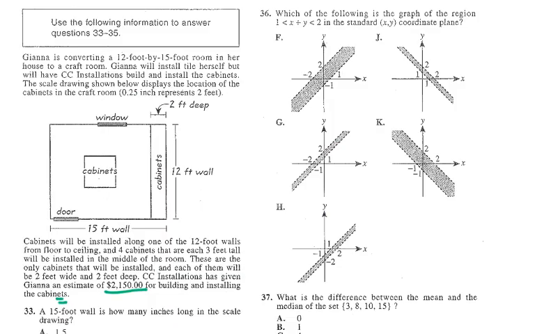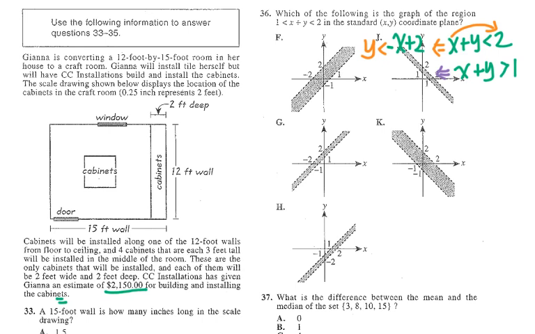For 36, you need to set up 2 inequalities. The first one, you will see x plus y less than 2, and the other, x plus y is greater than 1. For the first one, you will turn it into y, then subtract x from both sides, so y is less than negative x plus 2.